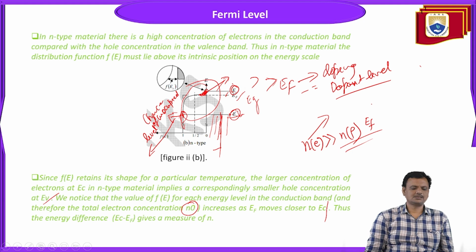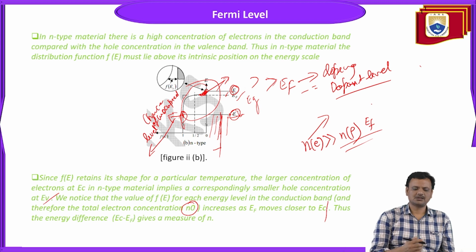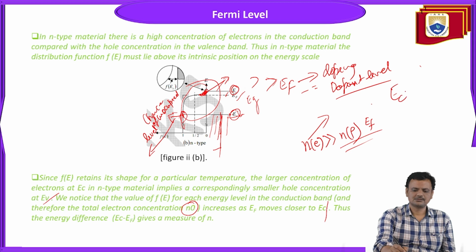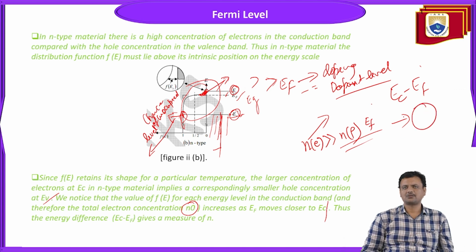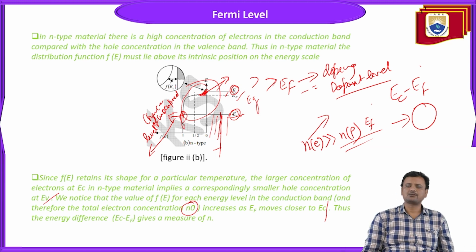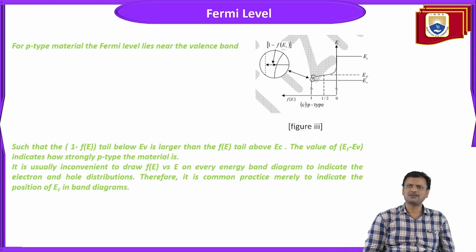Thus the energy difference EC minus EF helps you calculate the carrier concentration. Here, obviously, your majority charge carriers are electrons, so you can calculate the electron concentration.